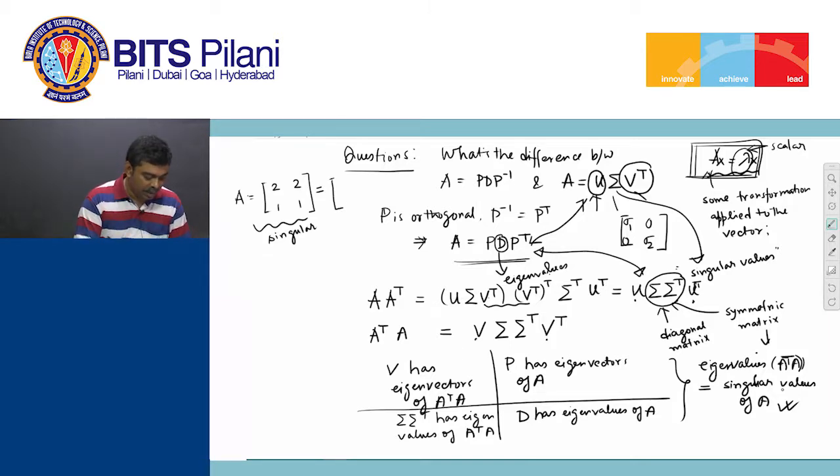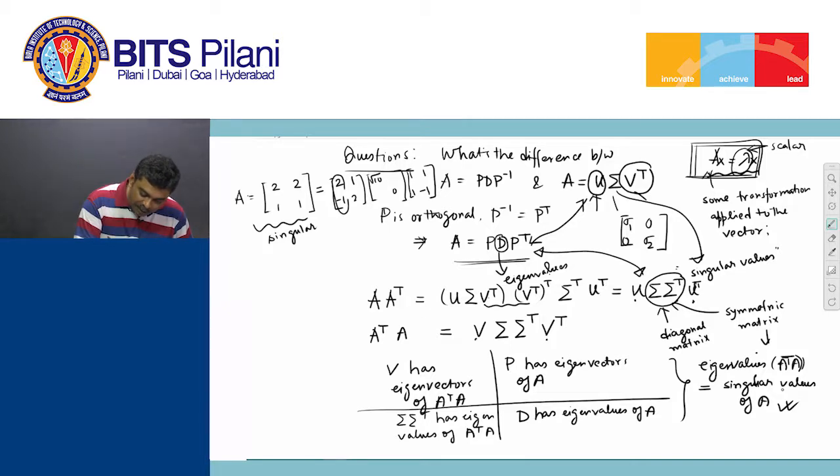So what I can do is an SVD of this matrix. If I do an SVD, I obtain a U matrix, which is 2 1, minus 1 2, multiplied by the singular value matrix, and then on the right by the V matrix, which is 1 1, 1 minus 1. If you look at the first column of U, its magnitude is the square root of 2 squared plus 1, so the square root of 5.